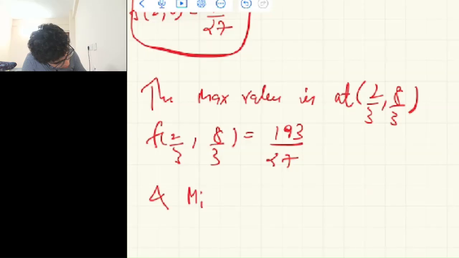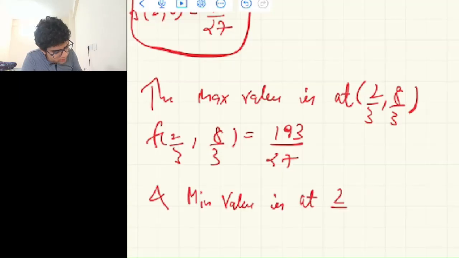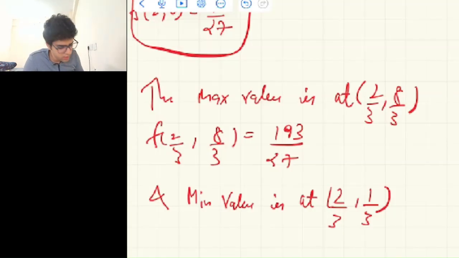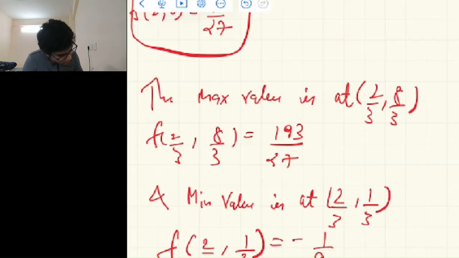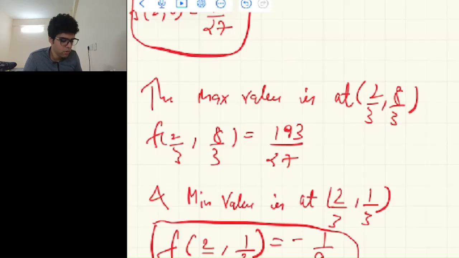And the min value is at (2/3, 1/3). (2/3, 1/3) was the point, right? Yes. And the function value at (2/3, 1/3) is minus 1 upon 9. You can check that out too, right?